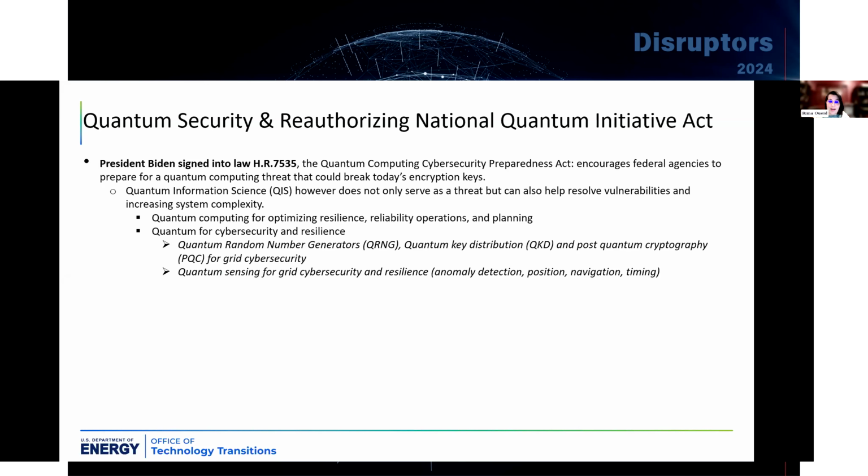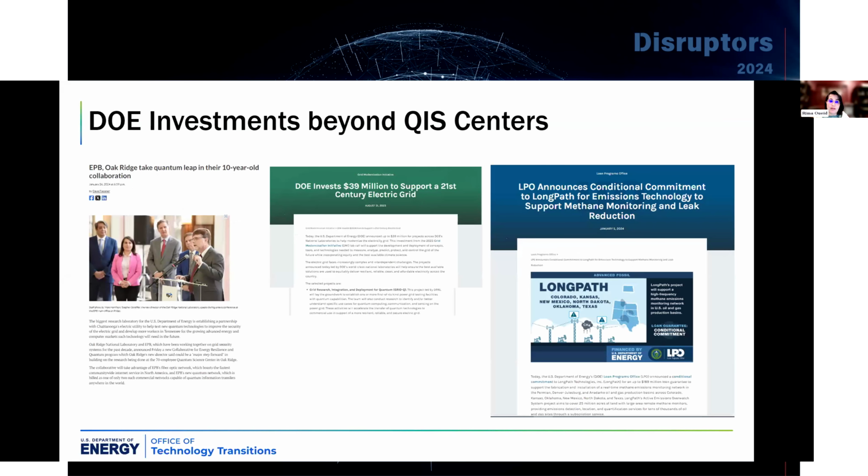That really started a lot of interagency work that opened up a lot more interest in quantum. The DOE has been investing in quantum for some time, but the QIS centers, the Quantum Information Science Centers initiated by the National Quantum Initiative Act, really created a huge opportunity for us to deploy over $625 million across 5 centers to stand up these capabilities at the national level.